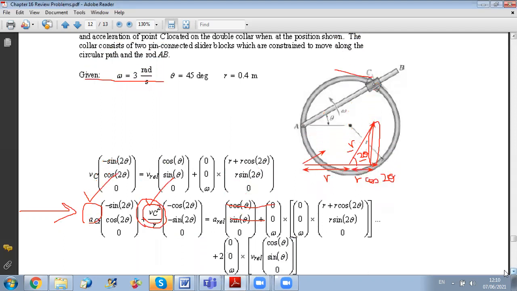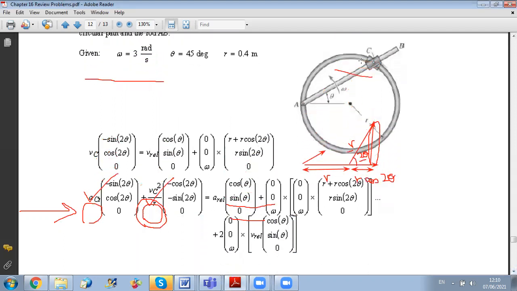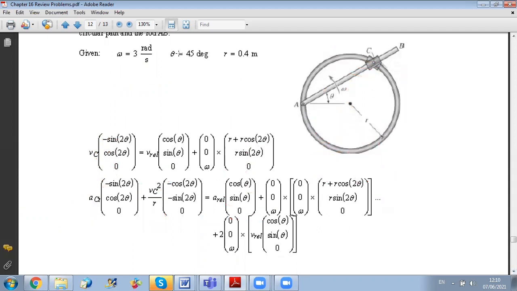Now we will relate the acceleration of C and A. So also we will go back to the acceleration relation in rotating axis, which is A C absolute equals A relative vector plus, if you remember I told you that this term you can simplify by putting minus omega square times AC.